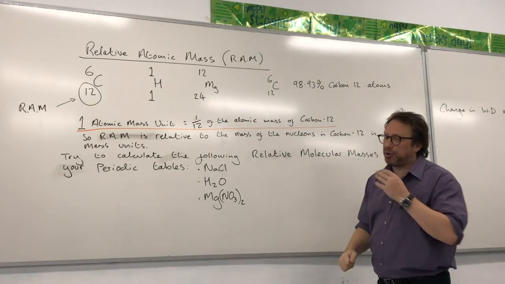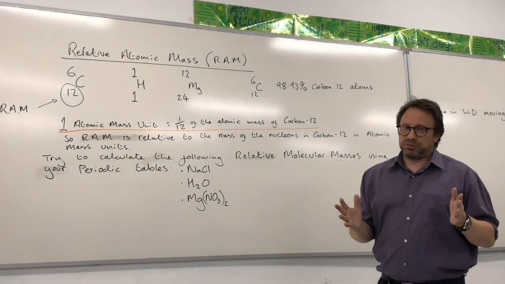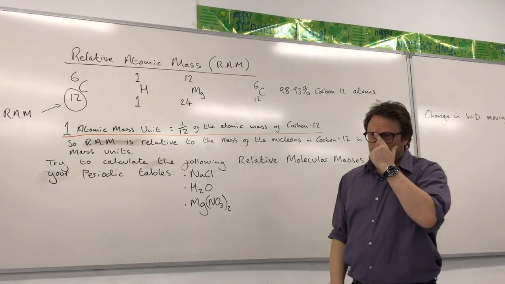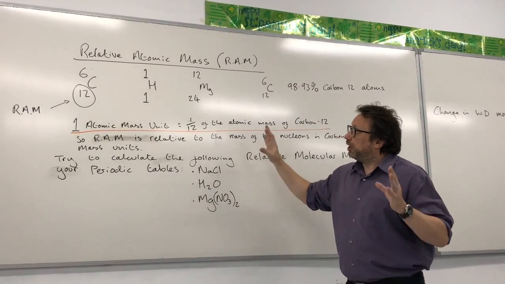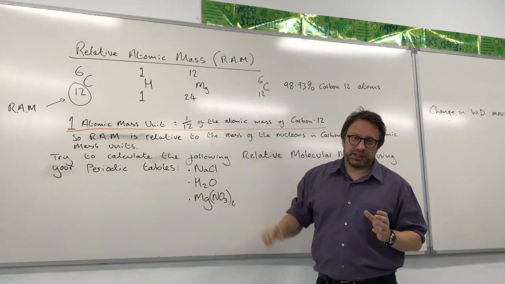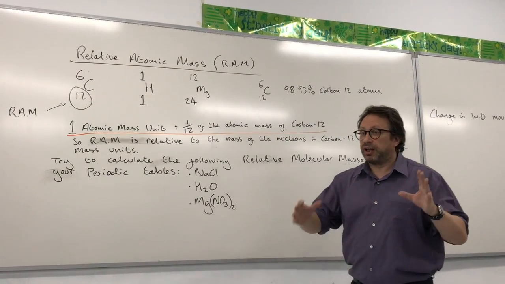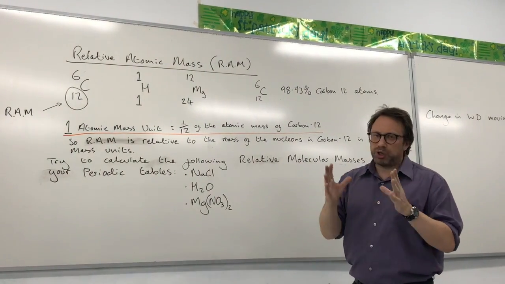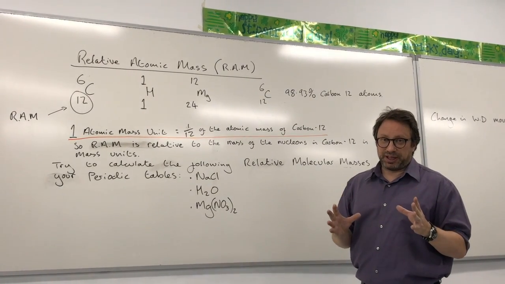So some of you are probably saying, whoa, you forgot the electrons, Mr. Brough. Well, I didn't forget the electrons. The electrons aren't actually being used in this calculation for this definition. And there's a good reason for that. First reason is their mass is much smaller, so it's less significant there.